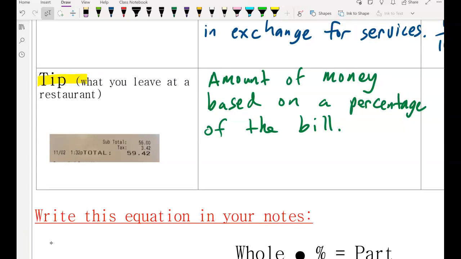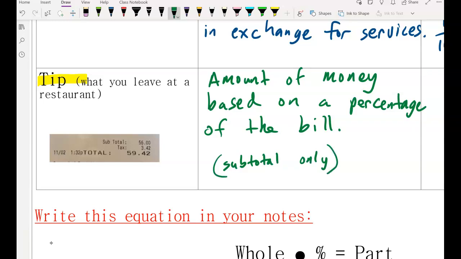Now, you always want to make sure that you're only paying your tip based on the subtotal of the bill, not after tax. You should never pay a tip with the tax included. Never pay on the tax. Don't pay your tips on the tax.